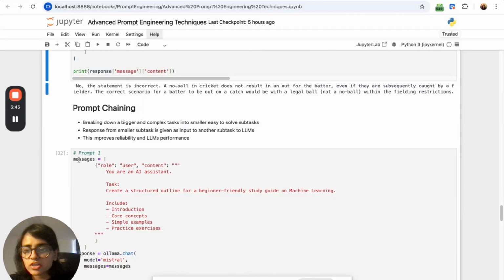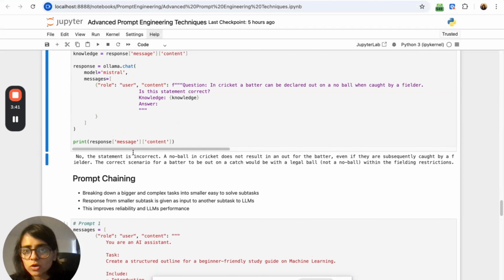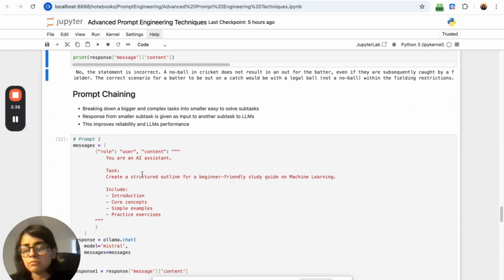Next is prompt chaining. It is very similar to what we did above, but basically it's about breaking a big, large prompt into smaller subtasks which an LLM can execute on its own so that its performance increases, right? So instead of giving a very big prompt which has multiple actions to do, LLMs might get confused like we humans do.